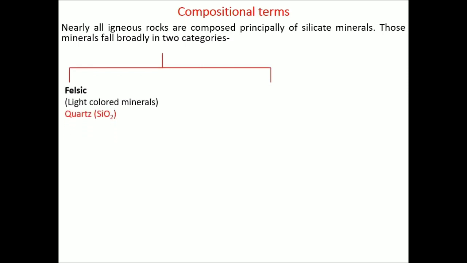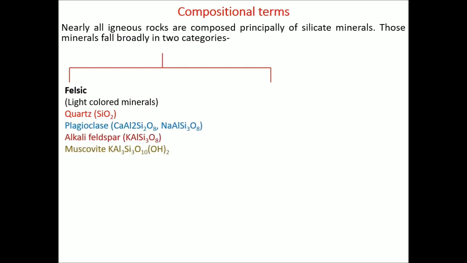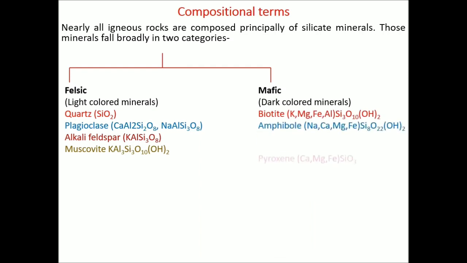Felsic minerals, the main constituent principal minerals, are quartz, plagioclase, alkali feldspar, and muscovite, while mafic minerals are those which are dark in color, like dark gray to black and opaque, and those mafic minerals include biotite, amphibole, pyroxene, and olivine.